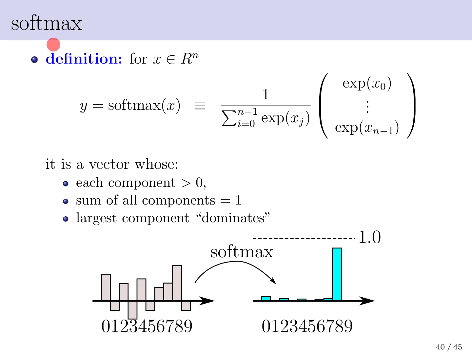It is very typical to have this layer called softmax at the last layer of the neural network for classification problems. So the definition looks like this.